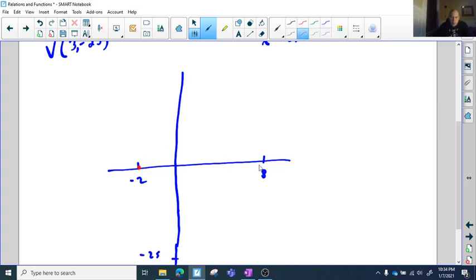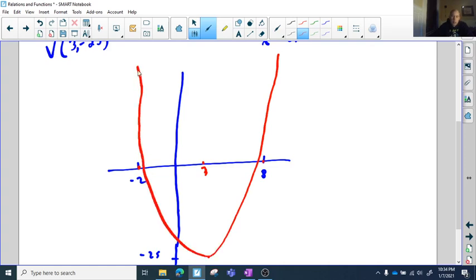I had these two zeros, 8 and −2, and I had my vertex at 3, so 3 is somewhere right here, and −25 is my vertex. So this quadratic, it's hard to draw this by hand, would look something like that. I'm out of practice. I haven't been using my drawing tablet much lately. Now it should be cutting through my zeros, but I missed a little bit, but you get the idea.